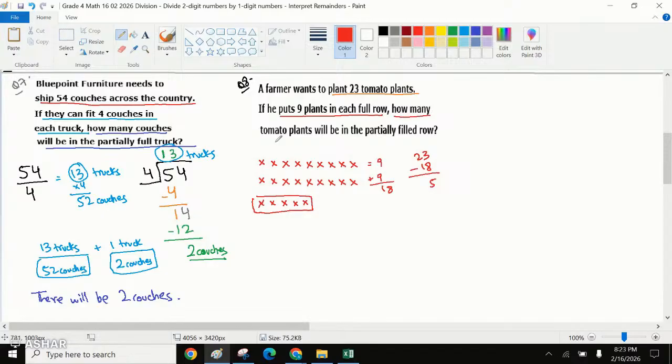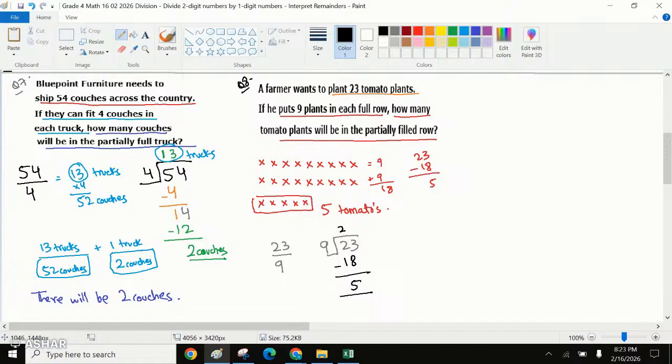How many tomatoes will be planted in the partial row? We would write 5 tomatoes. Agreed? Or what we can do is 23 divided by 9. 9 times 2 is 18, minus, leaves 5 tomatoes in the last row.